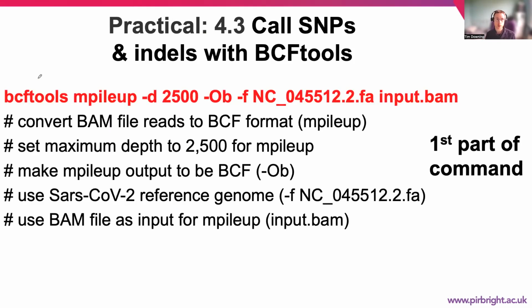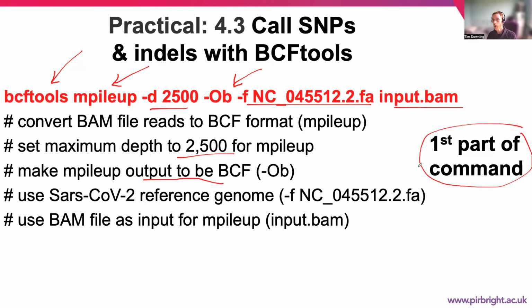Command structures like this, we have bcftools, and our function here is mpileup. We restricted that to be a maximum depth of 2500 here. And then we're making pileup output to be sent to BCF here, -Ob. And then we're using this reference, and our input is the BAM file. Then this is the first part of the command.